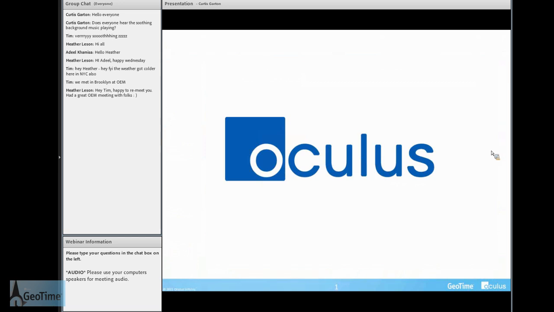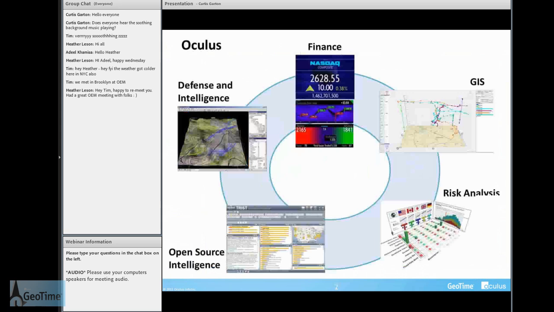So, Oculus, we are a company all about data visualization. Our mission is to really try to solve complex data problems through visualization. Some of the different areas that we work in are areas that have a lot of complex data problems, areas where people need to make decisions with complex data that is very difficult for them to deal with. As I said, we try to solve these problems in a visual fashion.